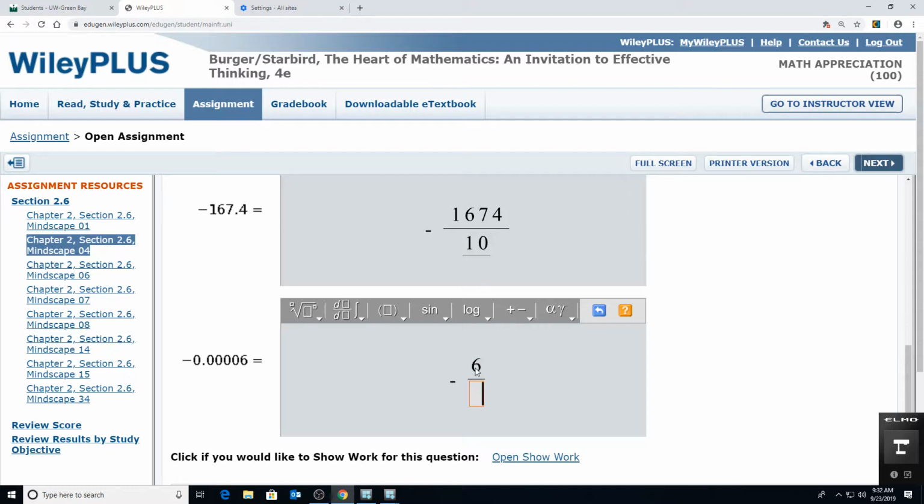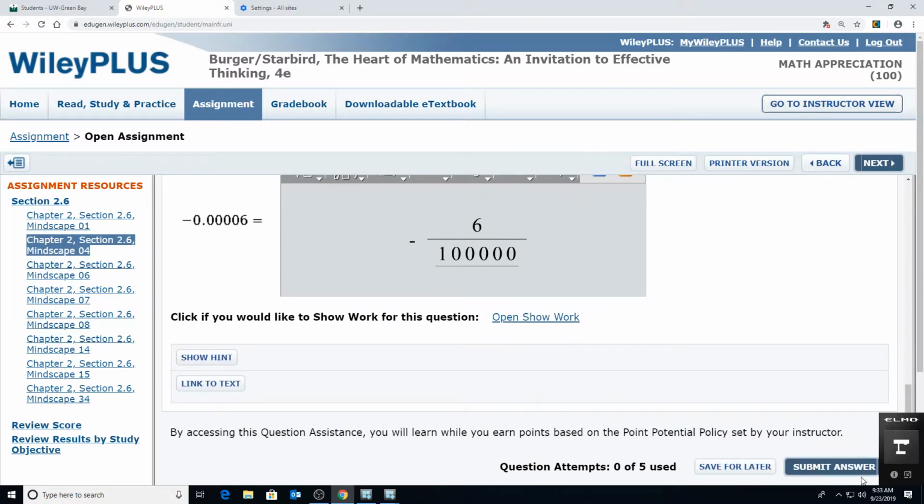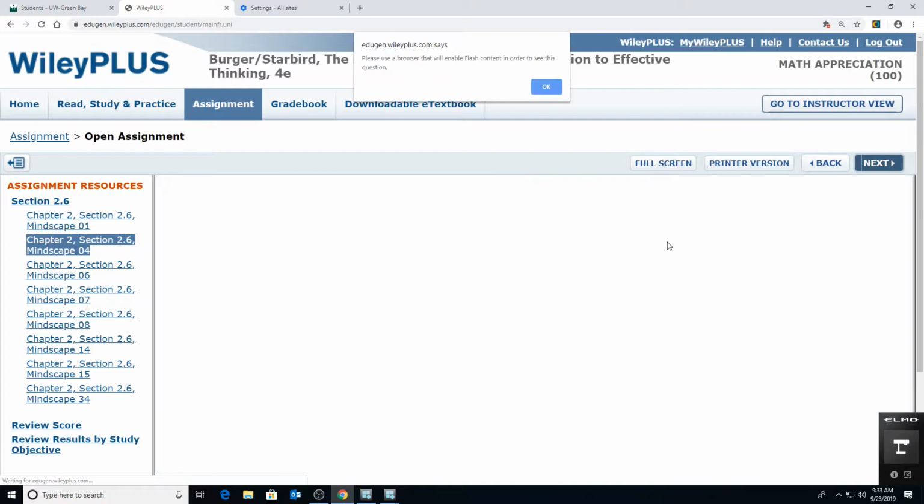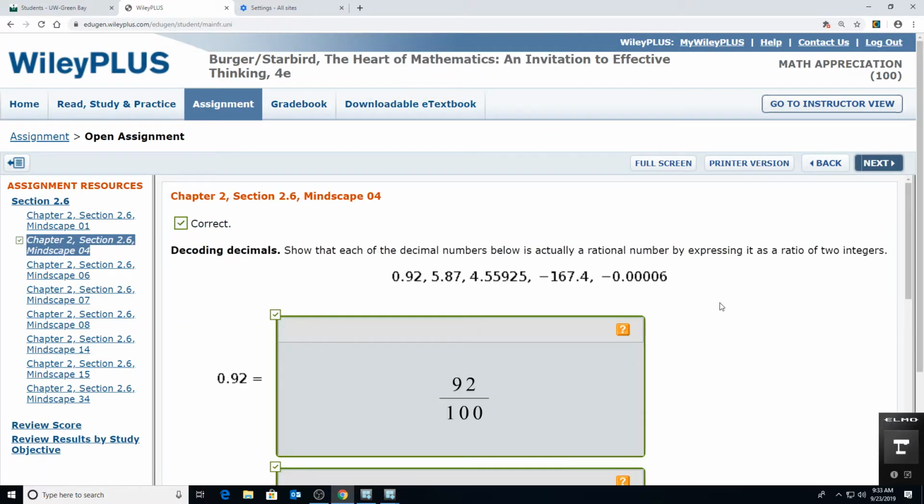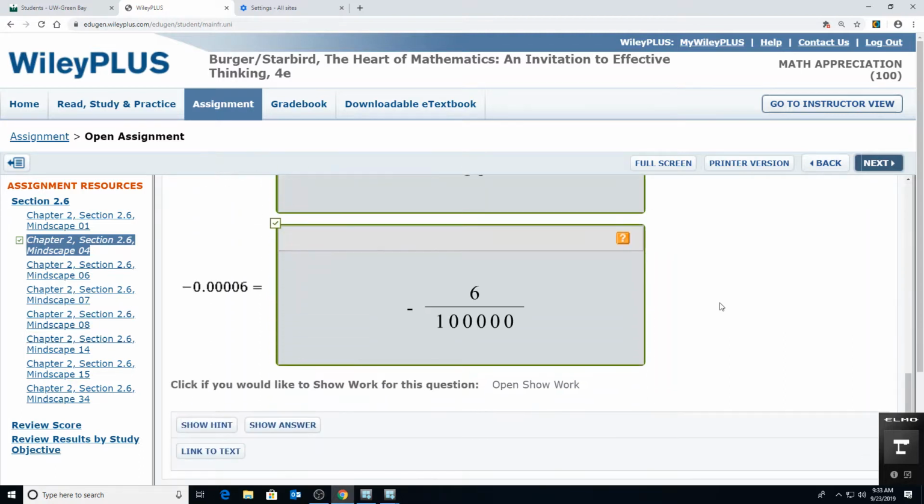Negative 6 over 1, 1, 2, 3. Oops, that's not 0. 1, 2, 3, 4, 5. So hopefully I counted right on these. Count how many digits are to the right of the decimal, and that's how many zeros go in your denominator. Any other questions?